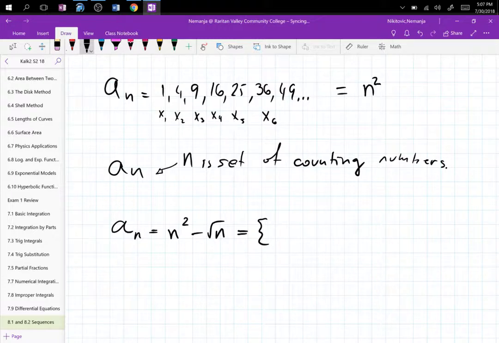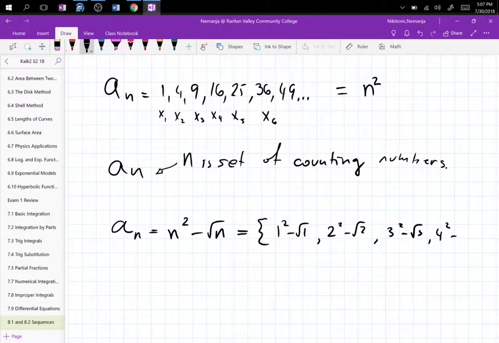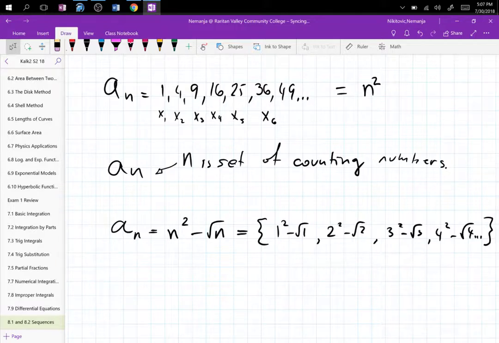So we start at 1. You have n squared, that will be 1 squared minus square root of 1. 2 squared minus the square root of 2. 3 squared minus the square root of 3. 4 squared minus the square root of 4. Three dots, and you end the set. This will go on forever.